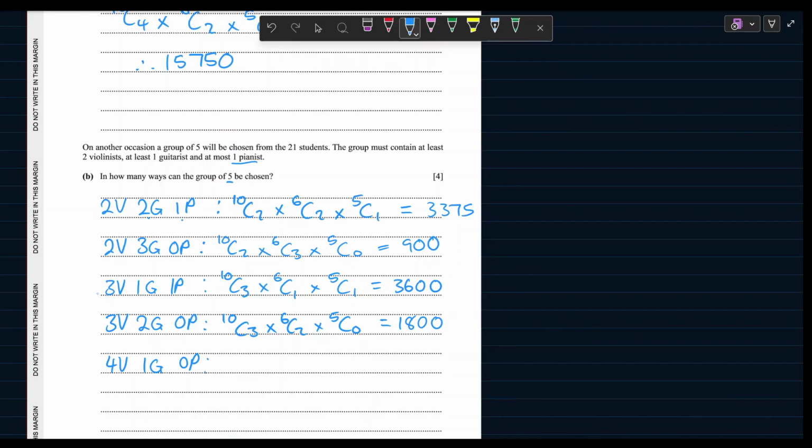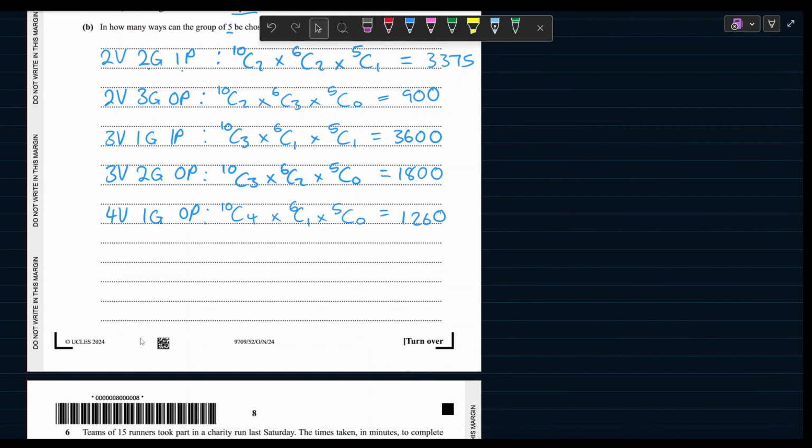And then here we are picking 4 violinists from 10 multiplied by, we want 1 guitarist from 6 multiplied by, we want 0 pianists from 5, so 5 choose 0. Okay, so that's 10 choose 4 times 6 choose 1 times 5 choose 0, which is 1,260. Let's tally up all the results from our 5 different scenarios.